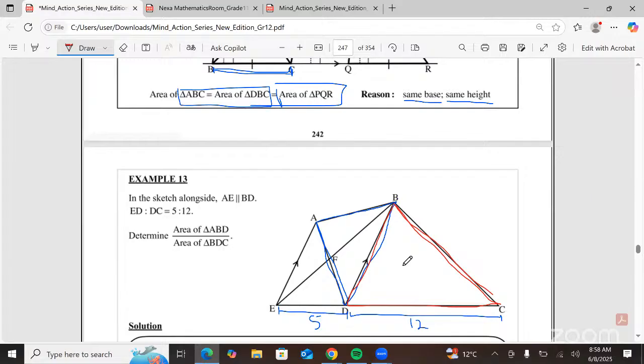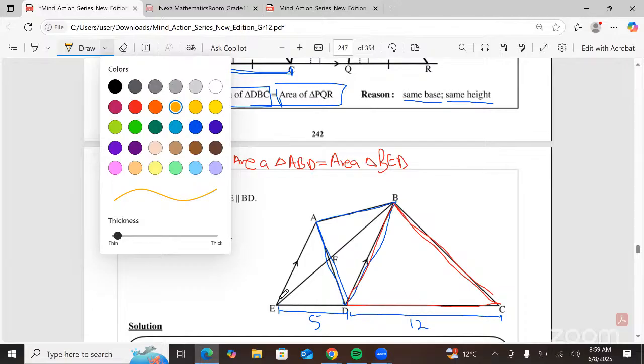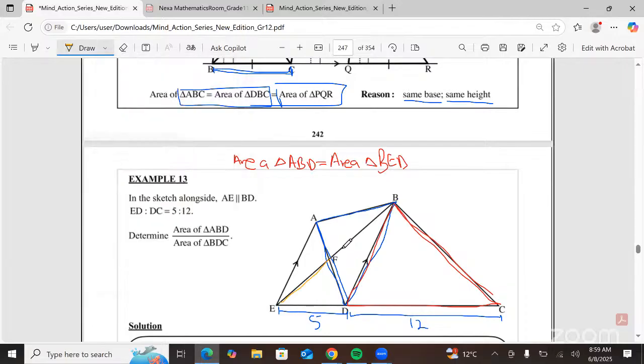So what we are going to do here: the area of the triangle ABD is equal to the area of the triangle BED. Why?